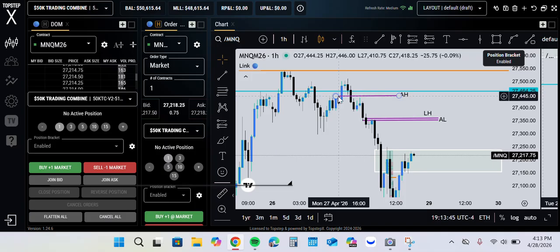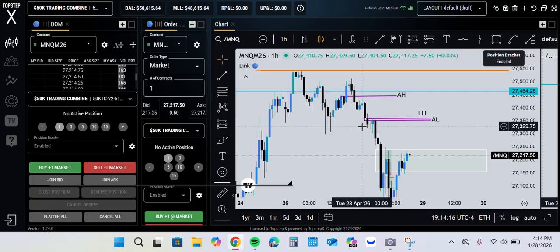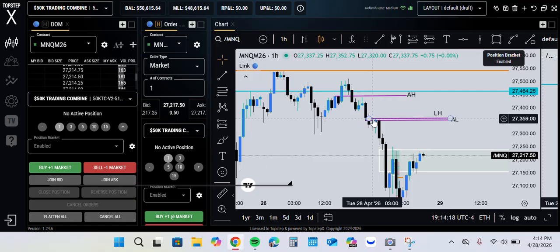So this was the high, and Asia low I believe closes at 1 a.m. Yeah, it closes at 1 a.m. So it's this black candle right here, and this was Asia low. Then London opens at 1 a.m., and London, I'm not sure why.